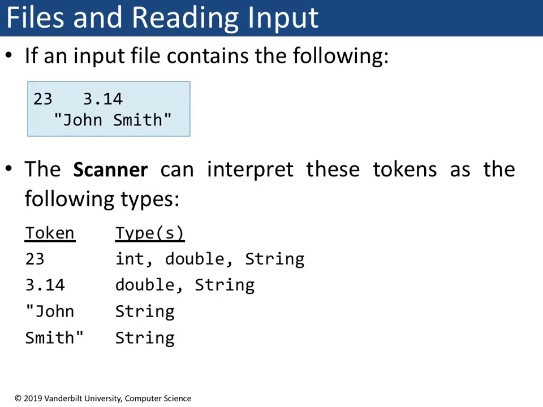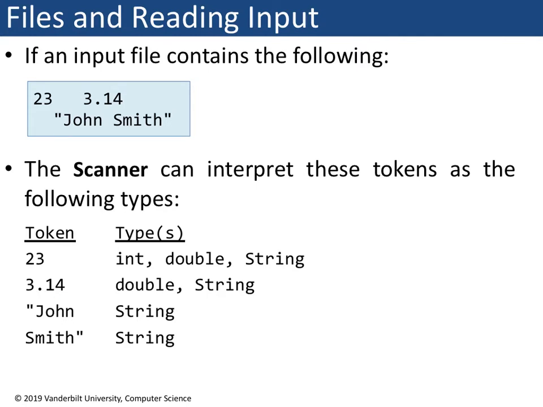Also, we could promote 23 to be a double. So if we were to use the hasNextInt, hasNextDouble, or hasNext method, all would return true. Also, hasNextLine would return true.